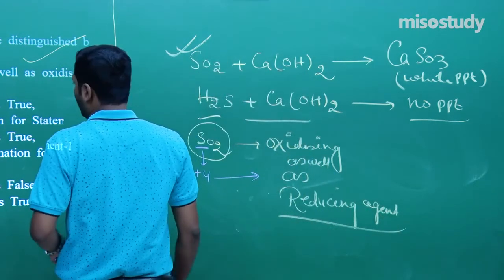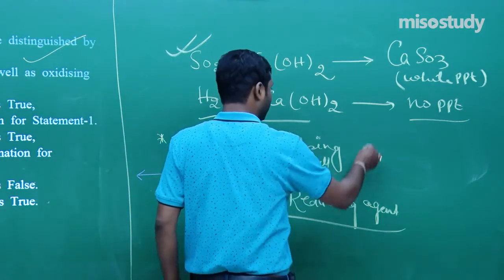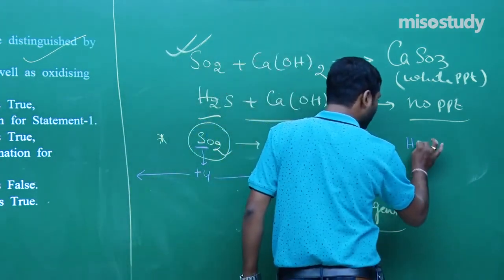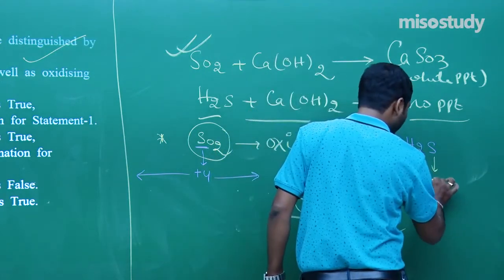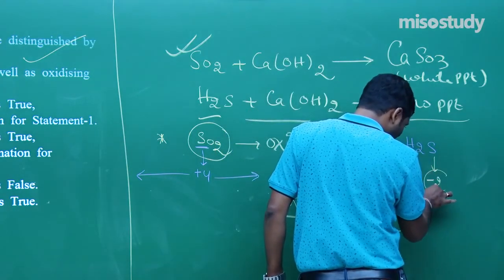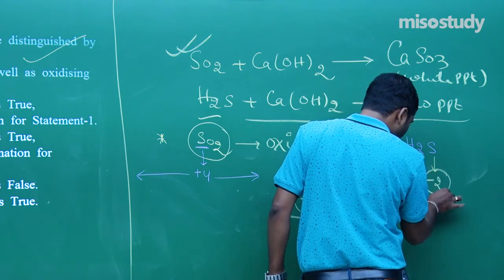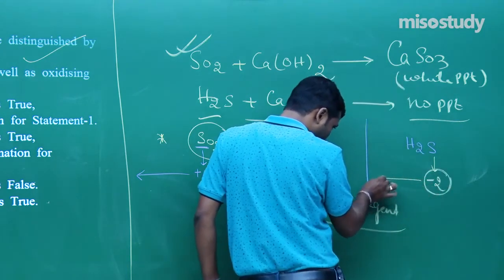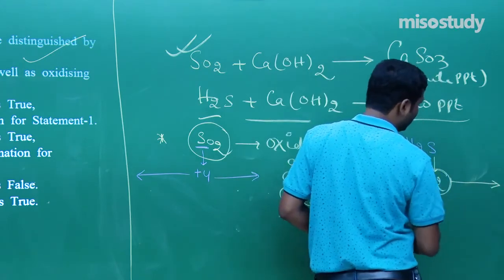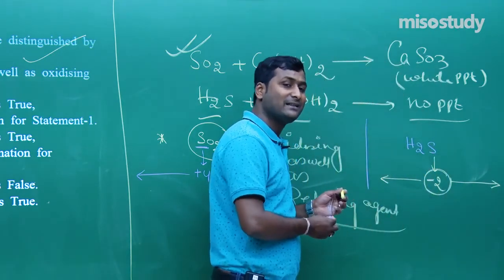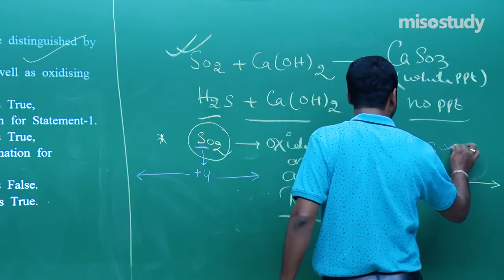Now check out H2S. In H2S, sulfur is in the -2 oxidation state. This is the lowest. We cannot decrease the oxidation state, but we can increase it. If there is an increment, then we can say it acts as a reducing agent.